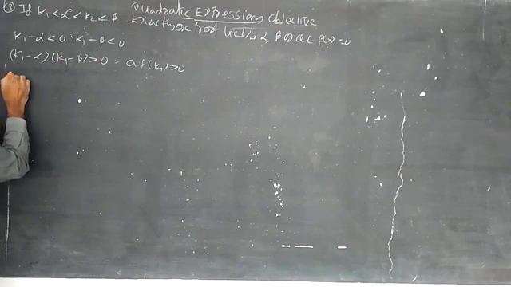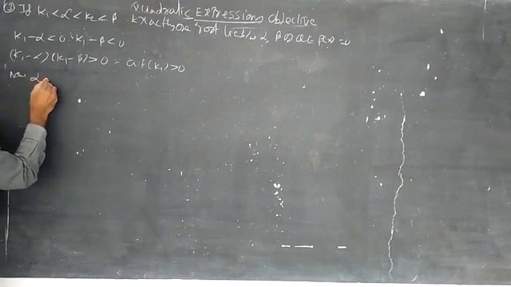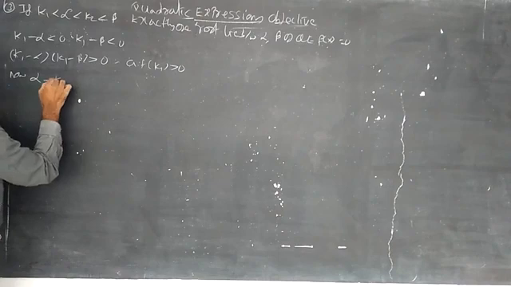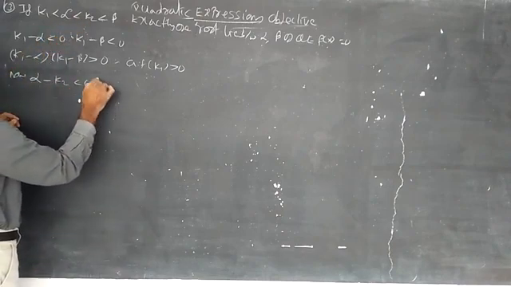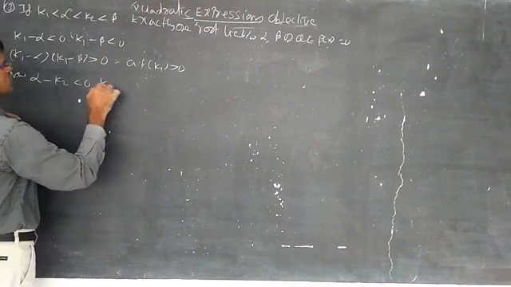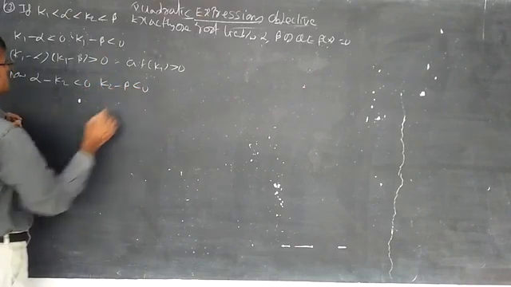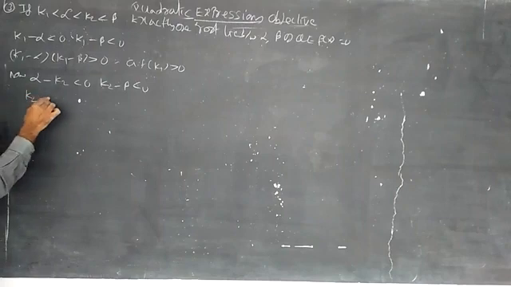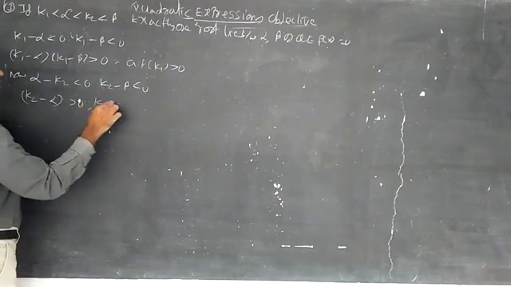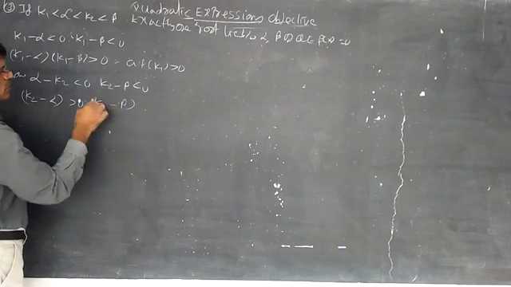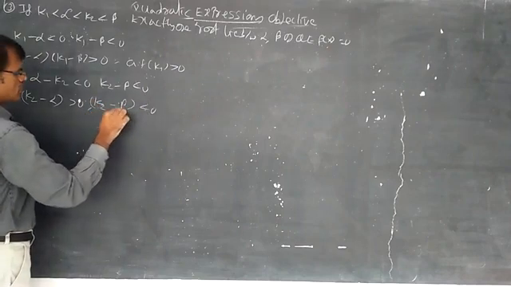For K2 you can discuss now. Alpha less than K2, so alpha minus K2 less than 0. And here K2 less than beta, so K2 minus beta less than 0. You can write here K2 minus alpha greater than 0, comma K2 minus beta less than 0. Okay.